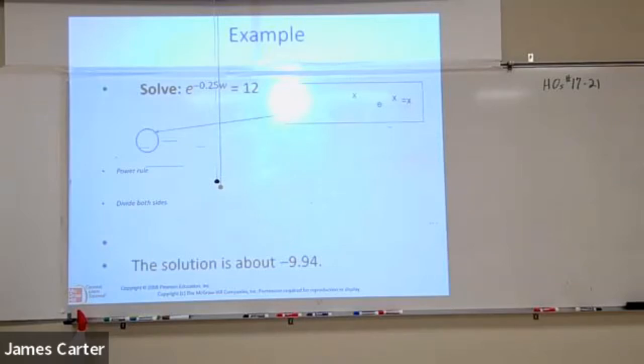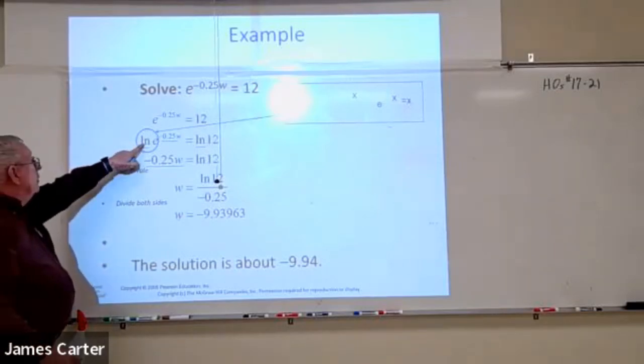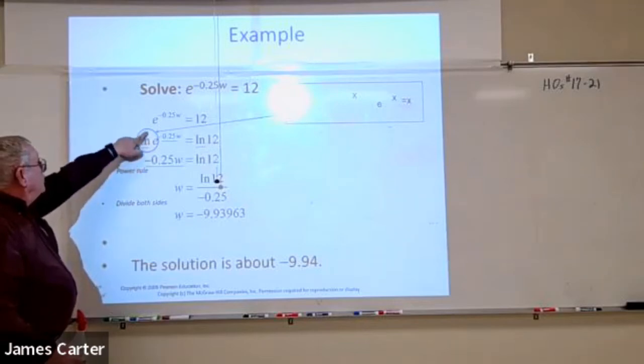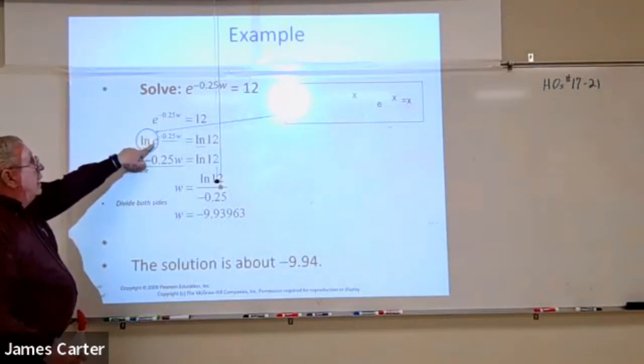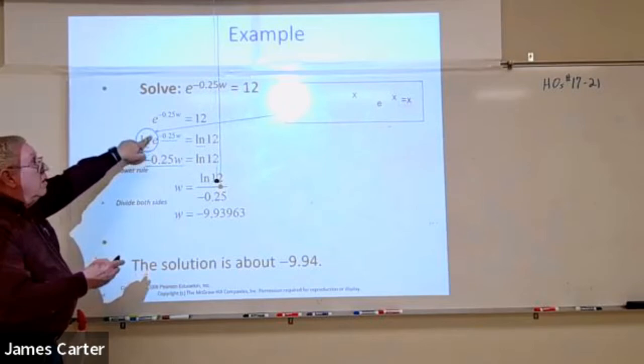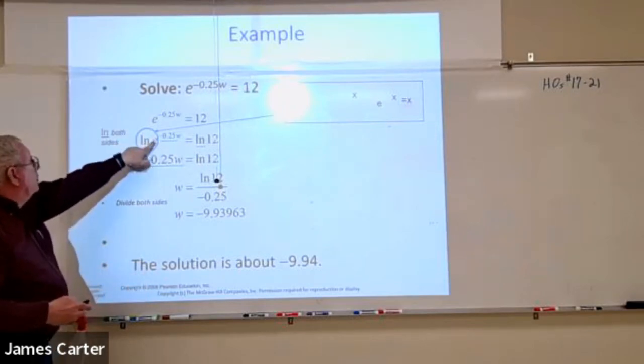We got nowhere to go. So what are we going to do? We're going to take natural log both sides. Since it's the E. Now, they just took this as equals to 1 right off the top.